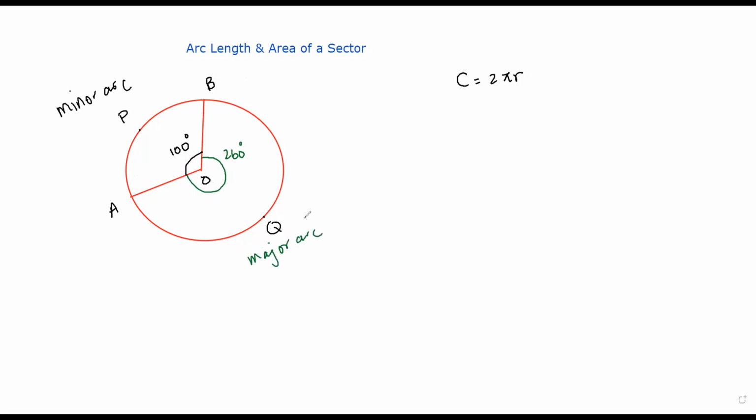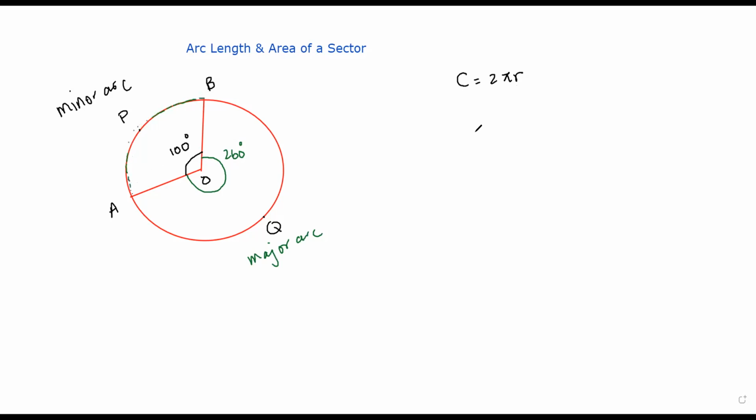Since this arc length is a part of the whole circumference, when you have to find the length of this arc, this has to be a part of this 2 pi r, this circumference here. So bigger is the angle, bigger is this arc length here.